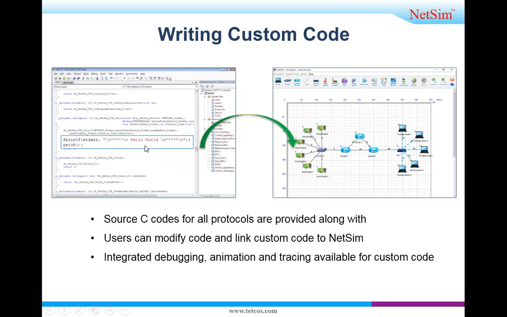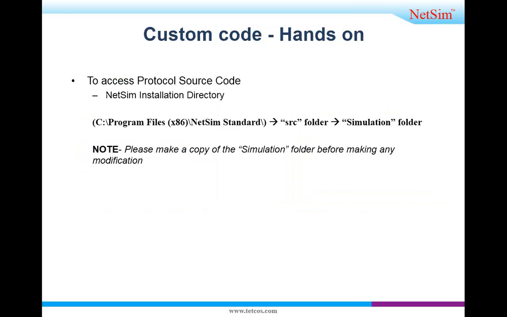Here there is an example where hello world is printed in this protocol. When you run and call this protocol, it will print hello world in the command prompt. Then when you press enter, it will run. So that is to show that we can change anything in the protocol. That I'll show you later.